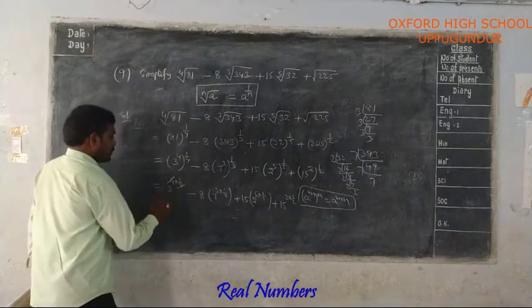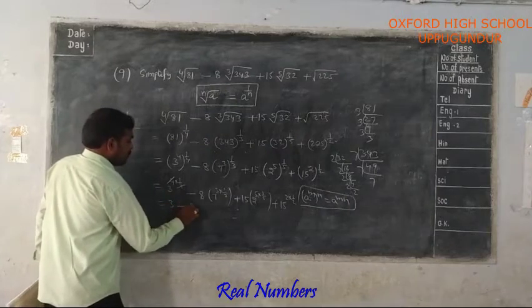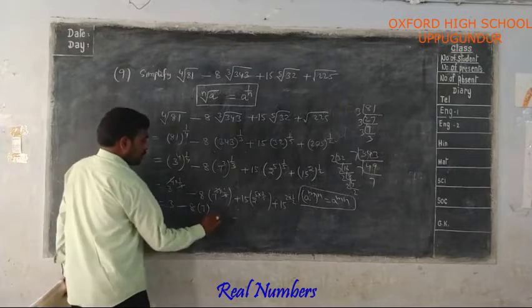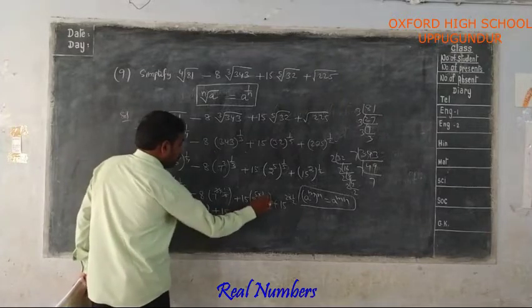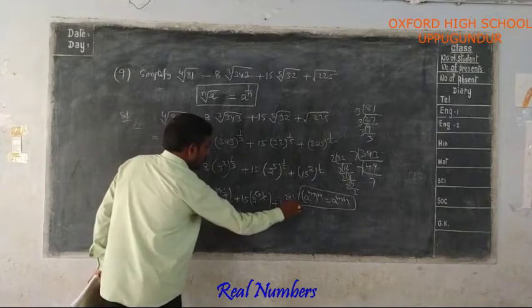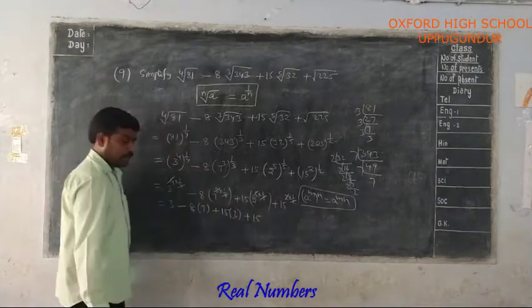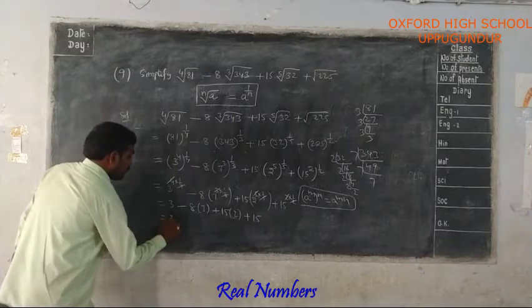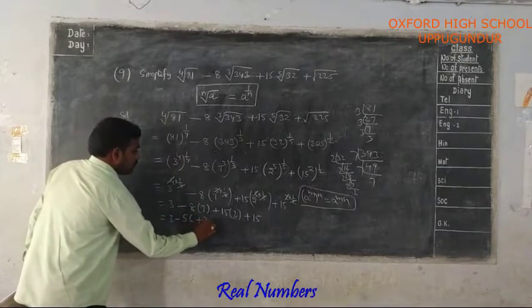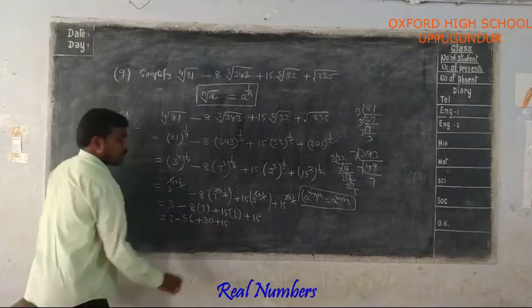So 4 4 gets cancelled, you will get 3 minus 8 into 7, 3 3 gets cancelled, plus 15 into 2, 5 5 gets cancelled, plus 15, power 2 2 gets cancelled, 15 power 1 is 15. So 3 minus 7 8s are 56 plus 15 2s are 30 plus 15.